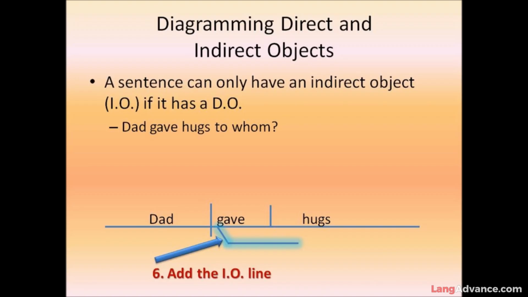Draw your indirect object line. Notice it's just a neat and tidy elbow joint underneath the verb of the sentence. You answer your question and fill in your indirect object. In this instance, it's Mom. Dad gave Mom hugs. And your finished diagram looks like this.